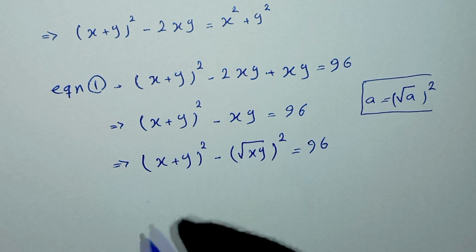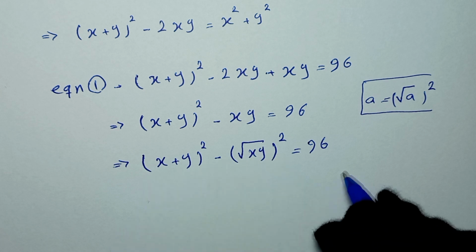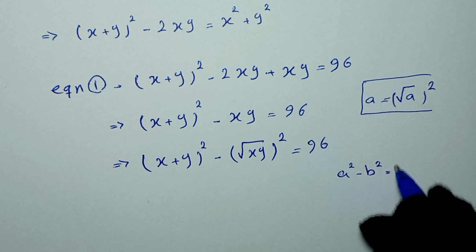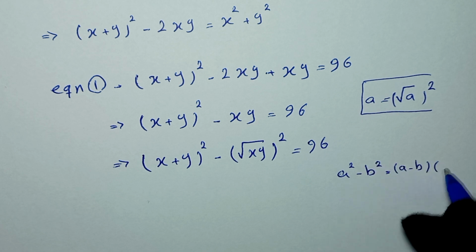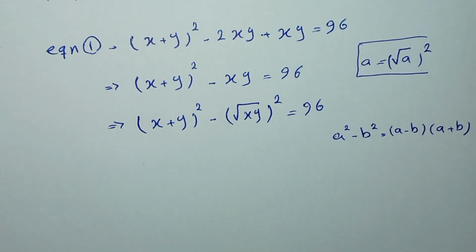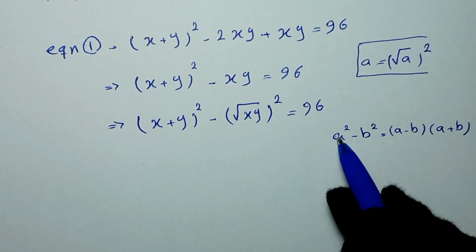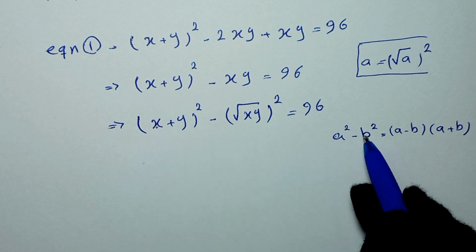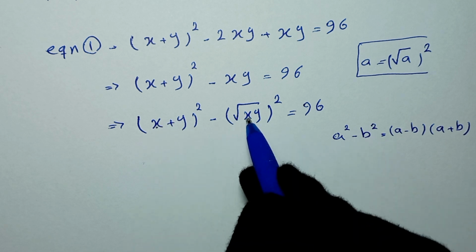So this is in the form of a squared minus b squared is equal to a minus b times a plus b, right? So in here a is x plus y and b is the square root of xy.